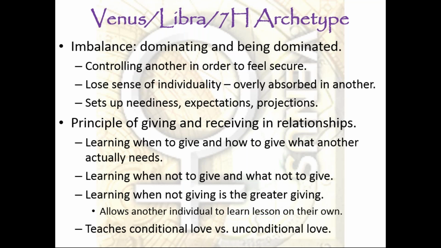They want to control that outer environment in general, which leads to controlling that other person out there in order to feel secure. This helps us understand, going back to the Taurus 2nd house side of Venus, that there is something to be learned yet in the relationship with their self in regards to self-reliance and the inner security.